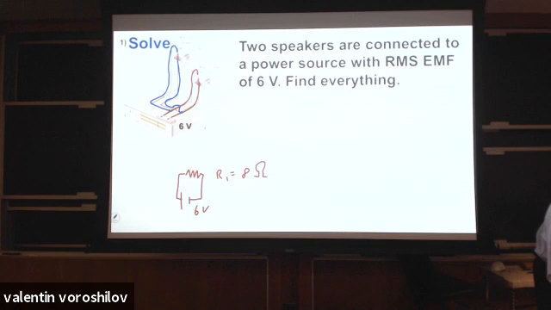So this is point A in my circuit, this is point B in my circuit. And I just got a wire that goes to another resistor and comes back. And that's it, that's R2, which is equal to 4 ohms.